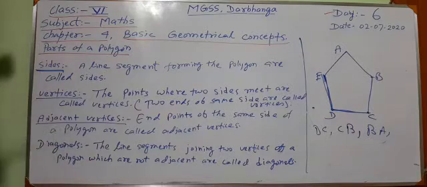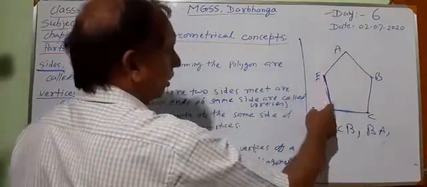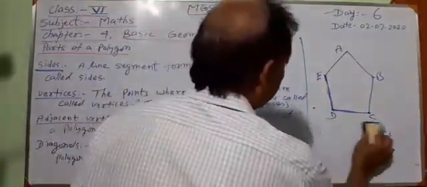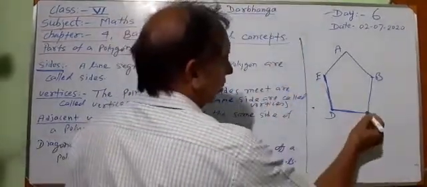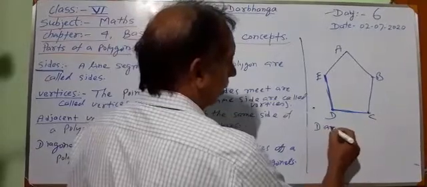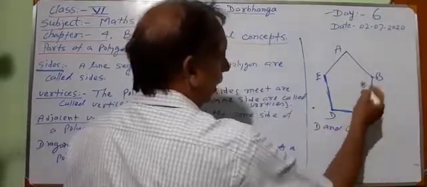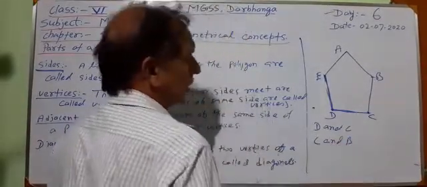Okay. Now diagonals. What are diagonals? Here we use what we have discussed, adjacent vertices. D and C are adjacent vertices. Again C and B are adjacent vertices.